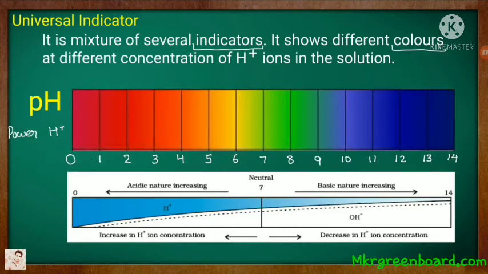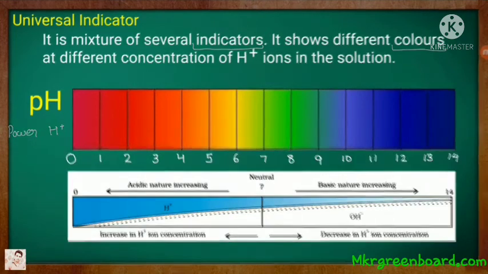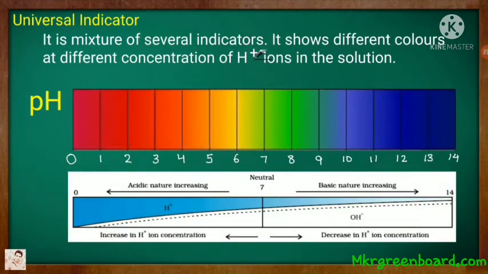Here numbers from 0 to 14 are given. As the number increases from 0, the color changes: red to orange, then light yellow, green, blue, until at 14 it becomes dark blue.